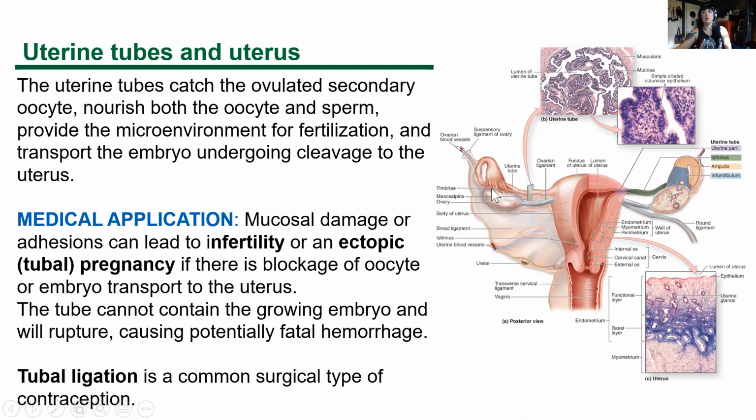But if you were to zoom in, there's no tissue connection between the fimbriae and the ovarian covering, which means that when ovulation occurs, most of the time the ovum and its granulosa cells do enter the infundibulum and then make it into the rest of the oviduct, but sometimes it just ends up somewhere out here.